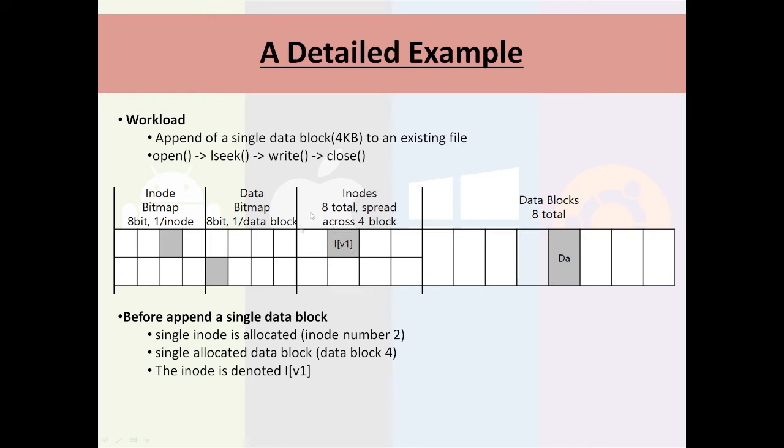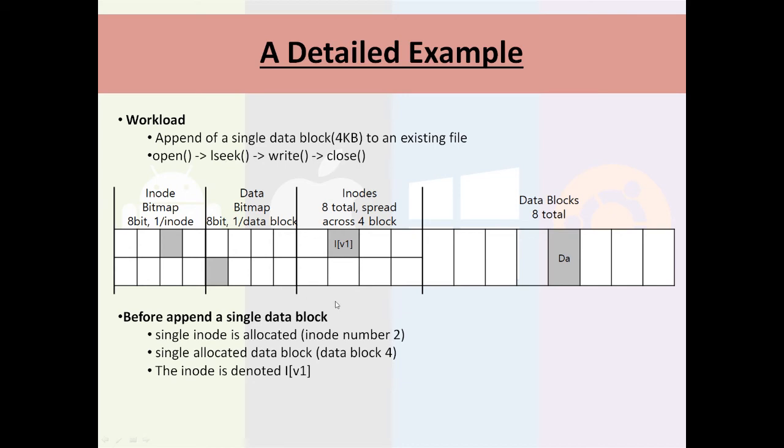We're going to have our inodes, obviously, 8 of them, numbered 0 to 7, so this would be 0 here. And our data blocks also 8, numbered from 0 to 7, like that. So if you look at the structures in this picture, you can see what I'm talking about.